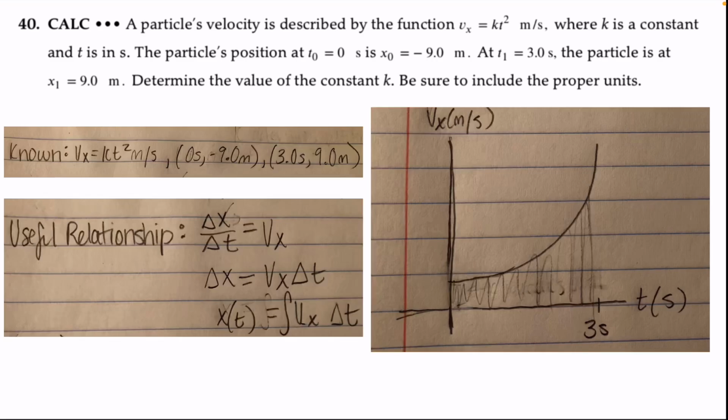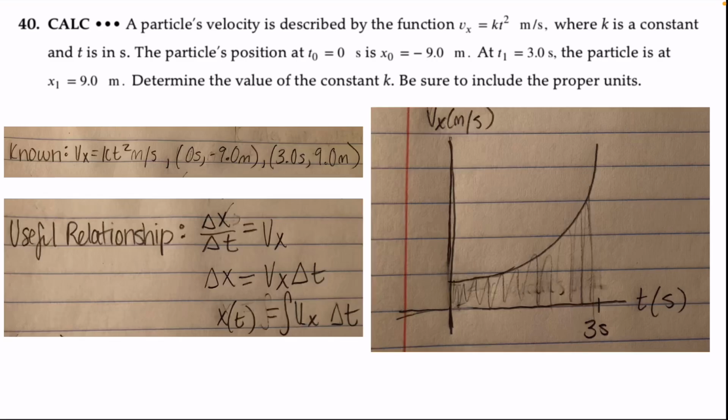What will help us here is that we know from the kinematics equation that velocity is change in x over change in time, which you manipulate, and it turns out that you can just integrate the velocity, and that will get you the position versus time equation. I modeled that on the right, where I drew what that velocity function is going to look like.